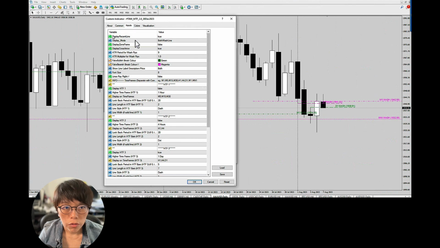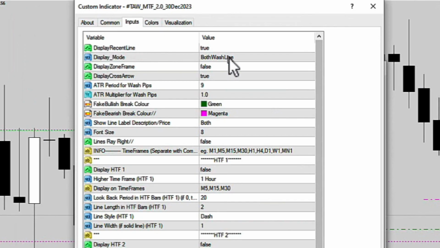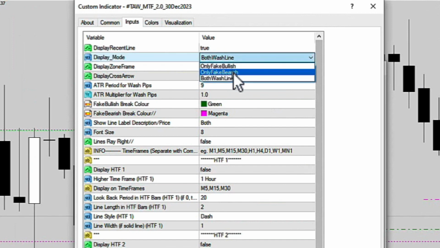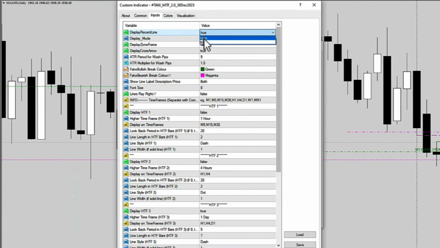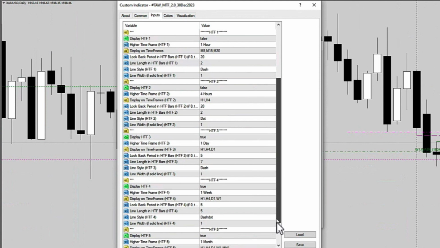If you choose to display recent wash line as true, then it will only show you the most recent wash lines. It is also controlled by this display mode here, whether you want to choose both wash lines or you want to show only the green or only the magenta wash line. If you choose, let's say, display recent wash line as false, then the default will fall back to what's shown underneath here under the HTF1, HTF2 or HTF3 or 4 or 5.